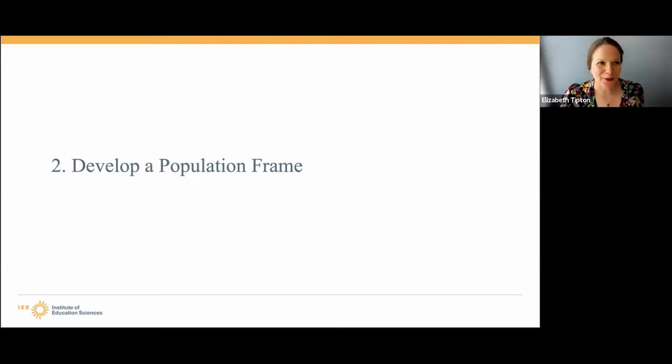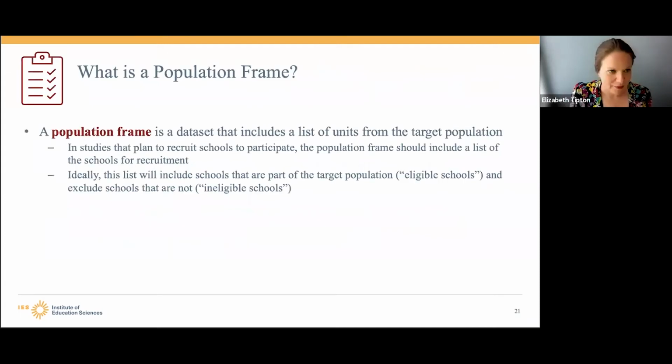Thank you, Rob. Okay, Rob just set it up, and now we're going to talk about how to operationalize this in practice. Rob talked about the target population, and one of the things that we do in this guide is we separate the concept of a target population from how we operationalize that in a population frame.